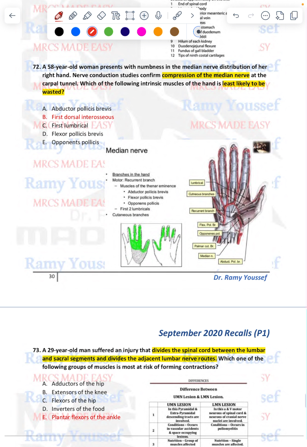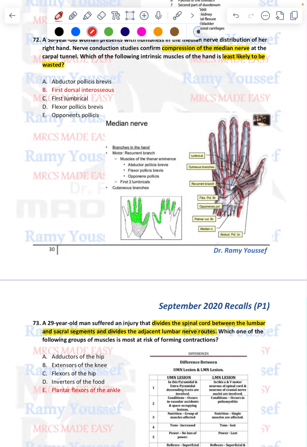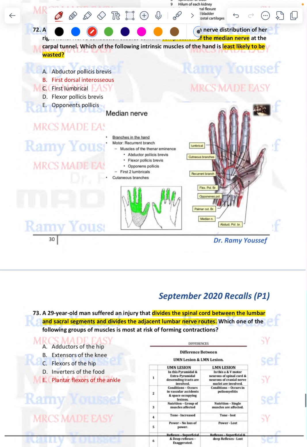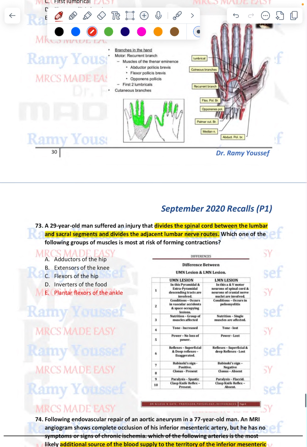Adductors of the hip, extensors, this is obturator. Which one of the following groups of muscles is most at risk of forming contractures? It is exactly at this level: upper motor neuron, lower motor neuron lesion, plantar flexors of the ankle. This is the S1 root. So plantar flexors. Ankle jerk is S1. That's why they are telling about plantar flexors.